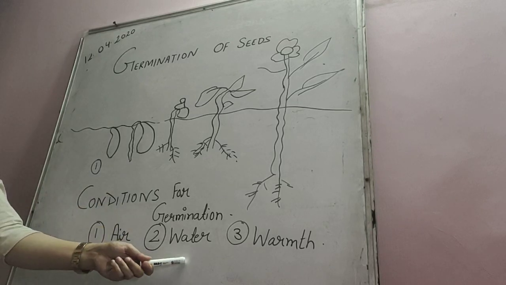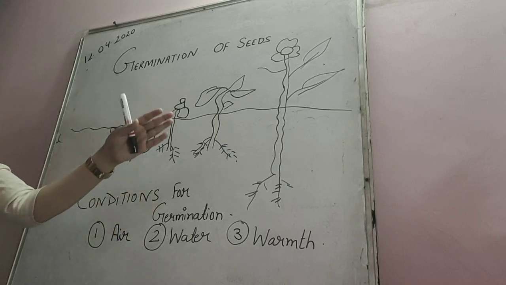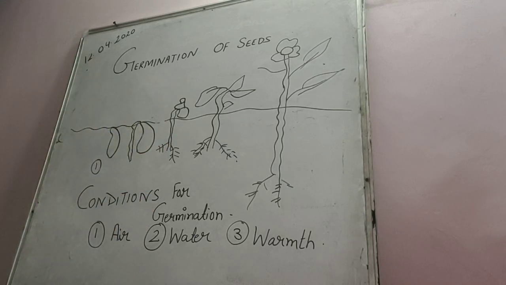To prove that water is required for germination, take dried cotton, not the moist one, and place it over a plate. Place your soaked seed over it and keep it near a window where it can obtain sunlight.